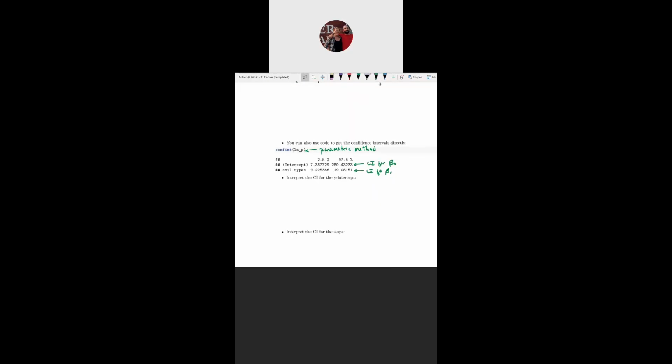All right, so let's look at how we interpret these. Interpreting the confidence interval for the y-intercept. Again, the y-intercept, that's where our explanatory variable is equal to 0.